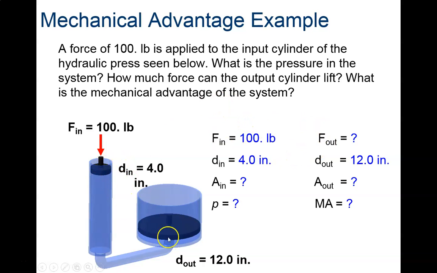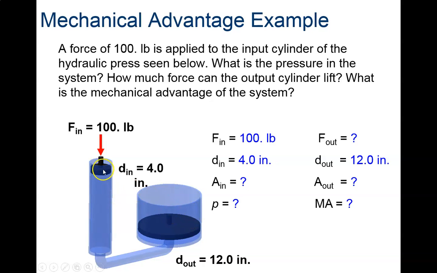This is a better picture of what we were seeing on the previous page, it just doesn't move. We're going to apply 100 pounds of force onto a piston with a diameter of 4 inches. That's going to squeeze down and push up on this piston, which has a diameter of 12 inches, and we want to know the force acting on it.